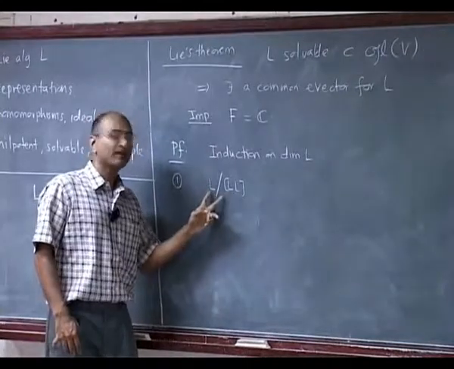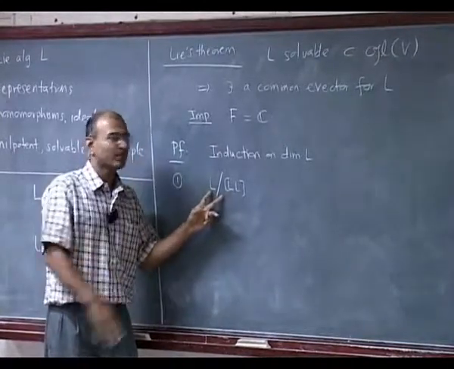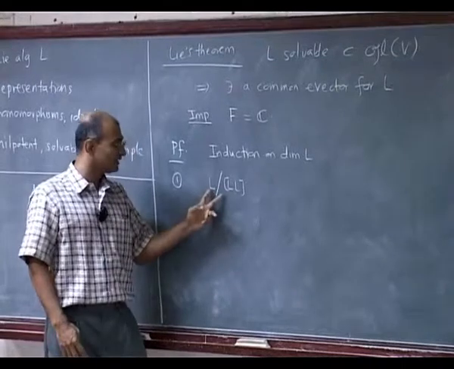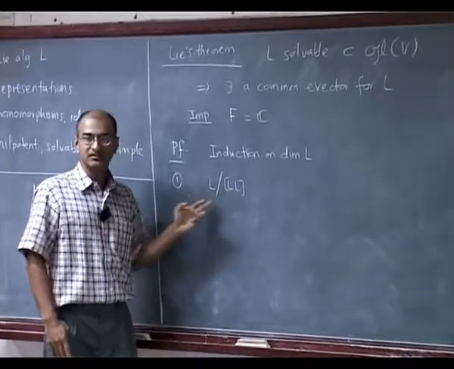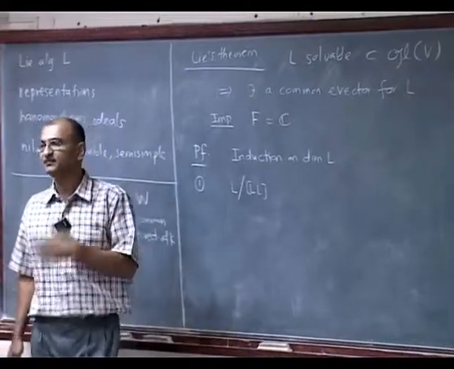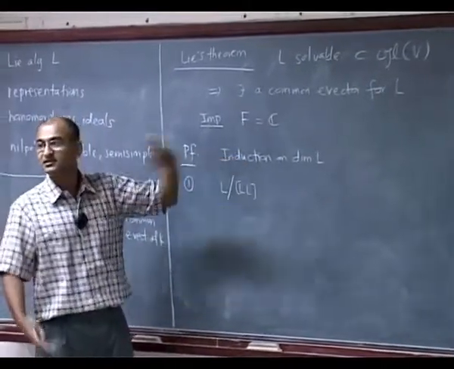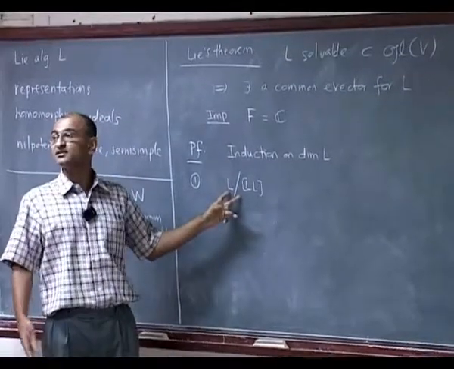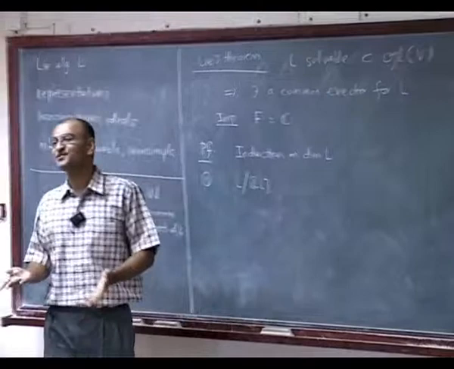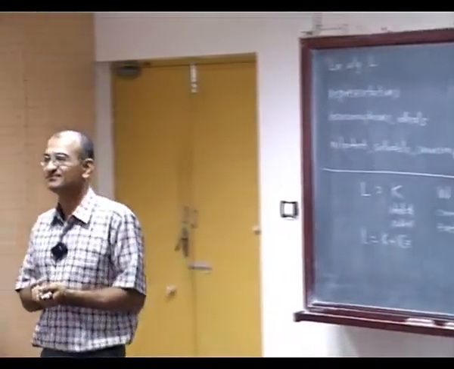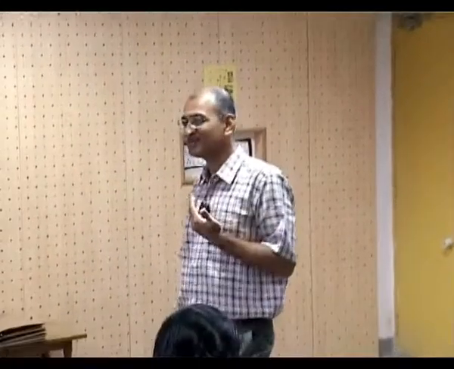The codimension will stay the same when I pull up. So if I can find a codimension 1 ideal here, then I can simply pull it up. But what sort of thing is this? I have killed all the brackets. I have declared that every bracket is 0. In other words, this Lie algebra is an abelian Lie algebra. In an abelian Lie algebra, what are the ideals? Every subspace. So I can just take a codimension 1 subspace there and add the commutator to it, and I will get an ideal.